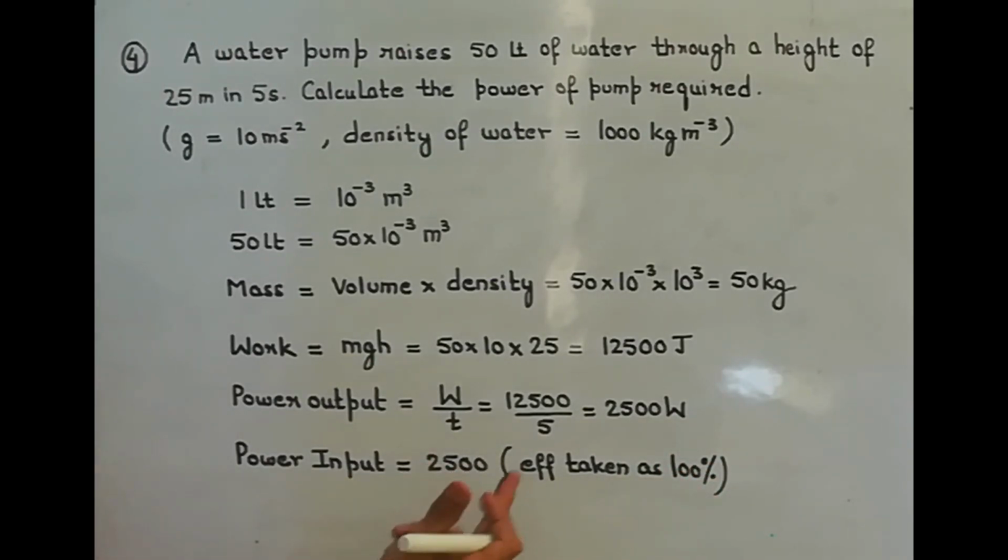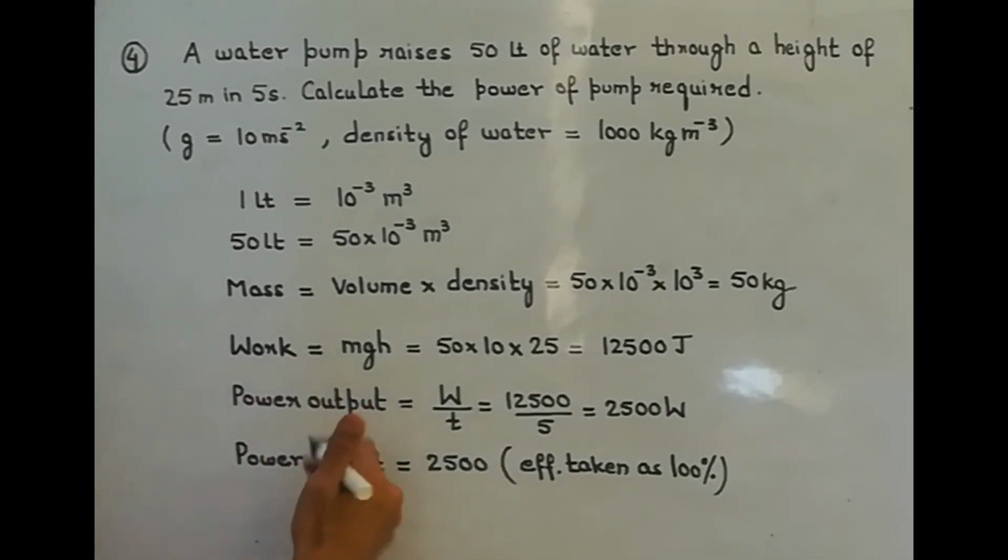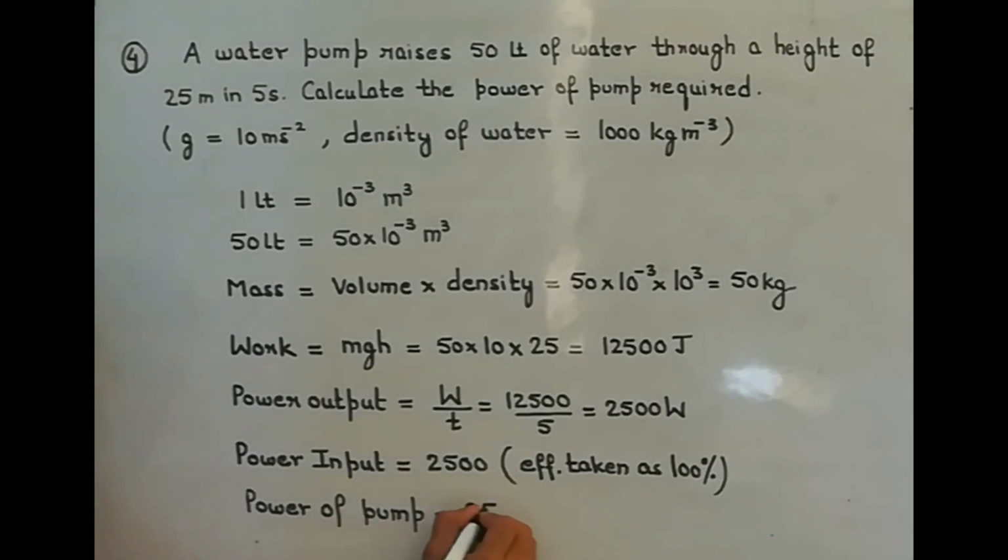See, efficiency is not mentioned, so it is going to be taken as 100%. So when it is 100%, whatever is the input, same is the output. So we can say power of pump is this. And wherever efficiency is mentioned, then you have to apply the formula for efficiency.